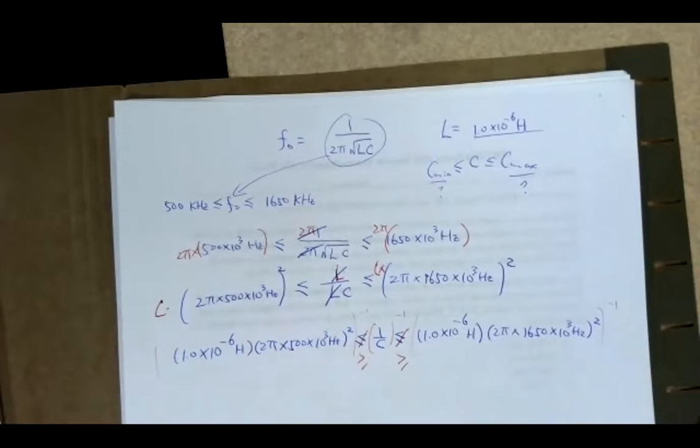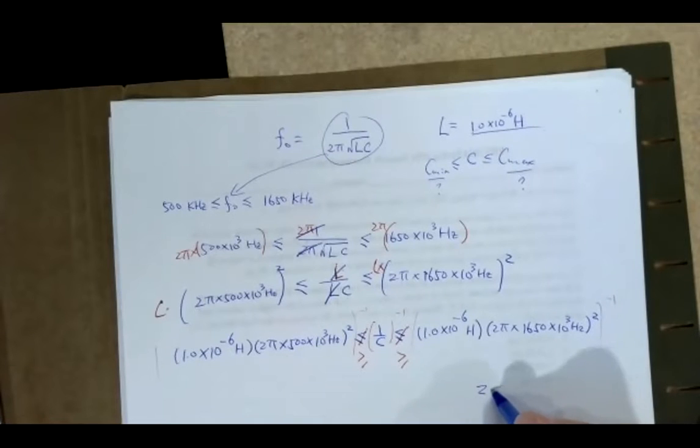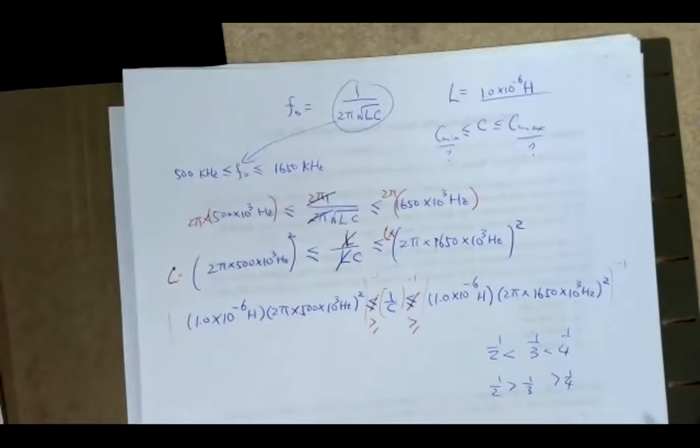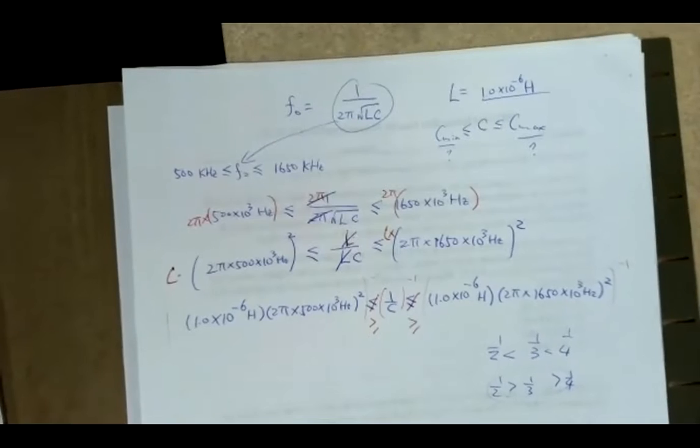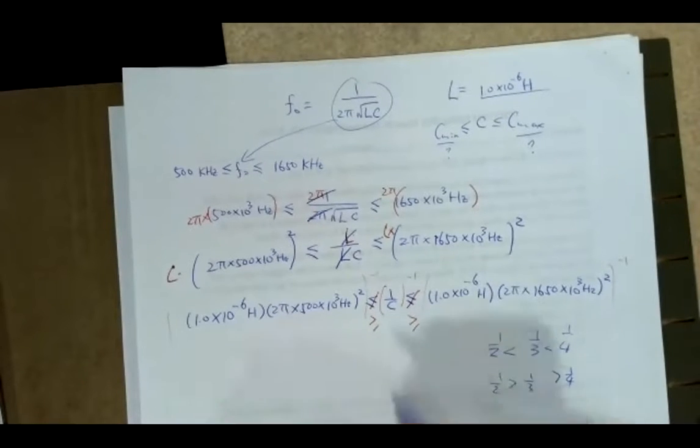So for example, if you got 2 less than 3 less than 4, but if you do the inverse of it, then 1/2 should be greater than 1/3, greater than 1/4, right? So if you do the inverse operation, greater becomes less, less becomes greater. Okay, so that's what you get.